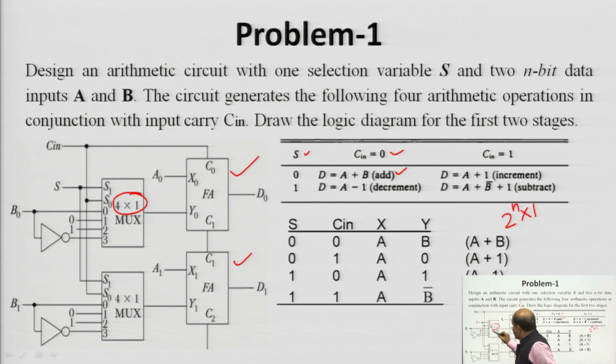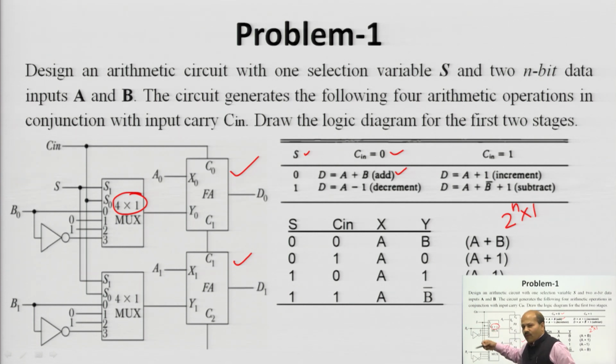Based on these combinations 0, 1, 2, 3, one input will be connected to the output of the multiplexer. The 4 combinations are given here: B, 0, 1, and B complement. So, these combinations will be connected through the multiplexer to this full adder.